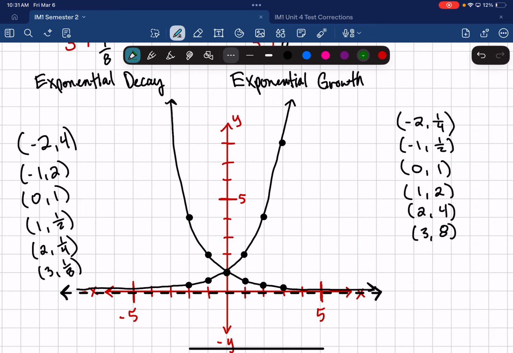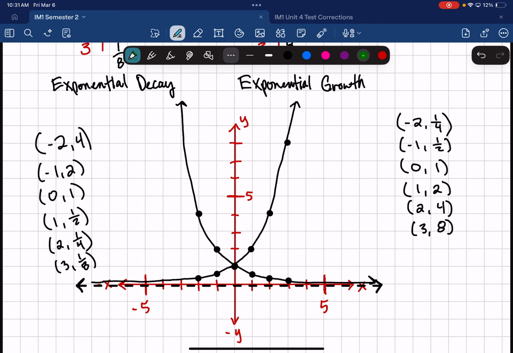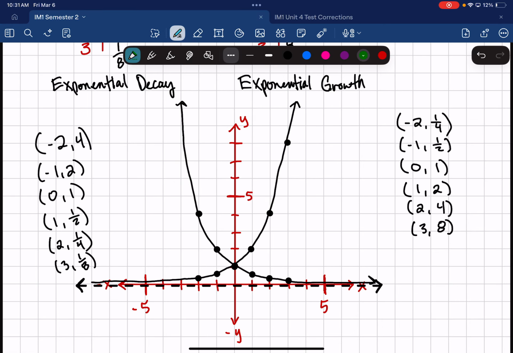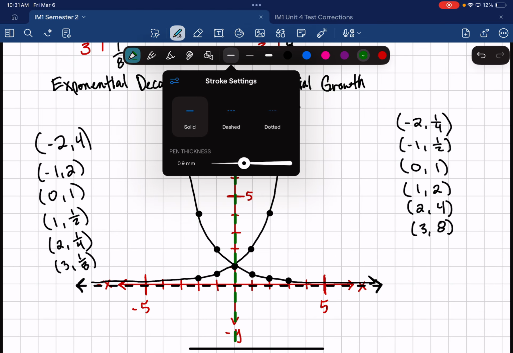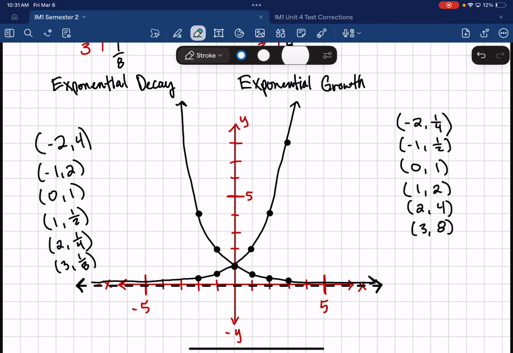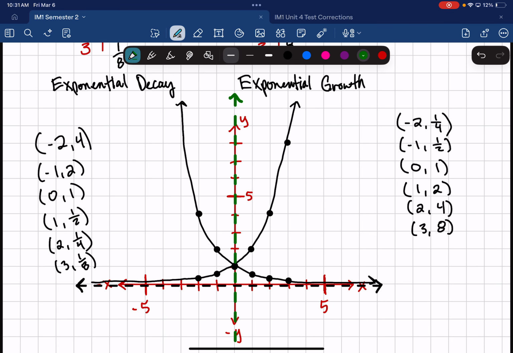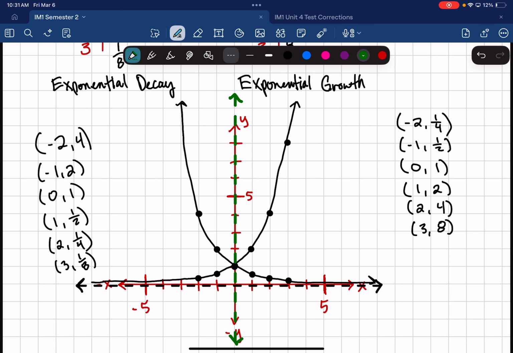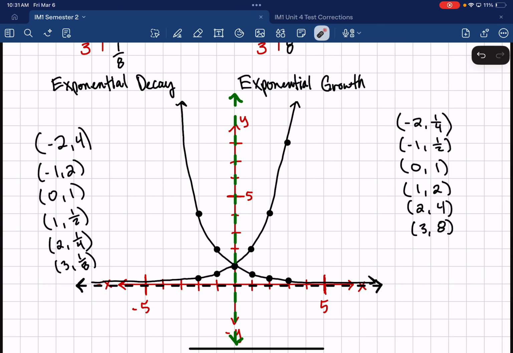Now, we want to talk about, or I'm going to introduce something called an axis of symmetry here. So if I were to come in here, I'm going to make this line a little bigger, really denote that it's something separate. Do you notice how with this thing, everything is mirrored across this axis of symmetry?